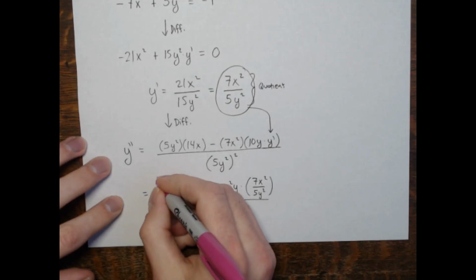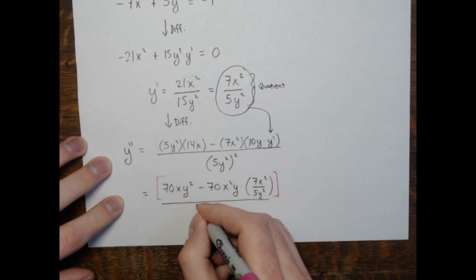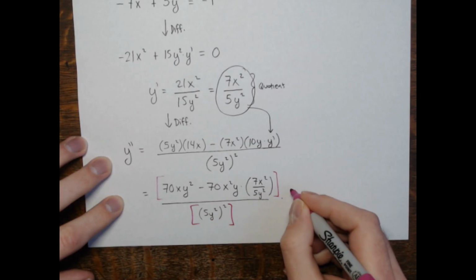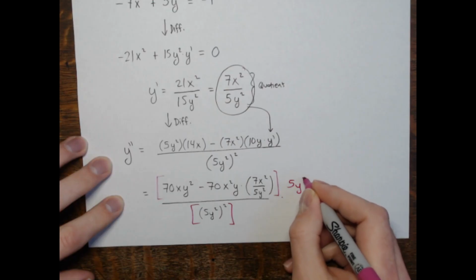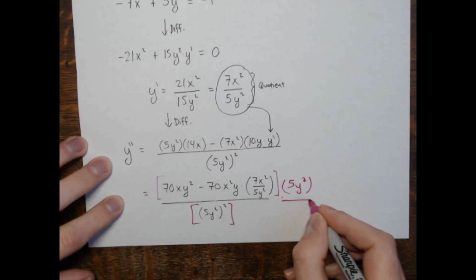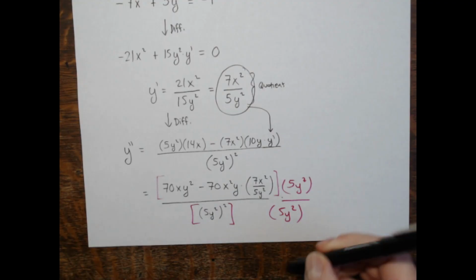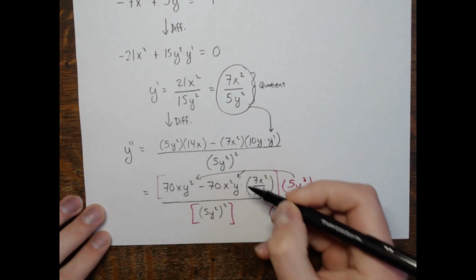As before, everything up top and bottom here, I'm going to multiply by this 5y squared denominator from y prime. Multiply the top and bottom by 5y squared. That'll be distributed up here to both these terms.